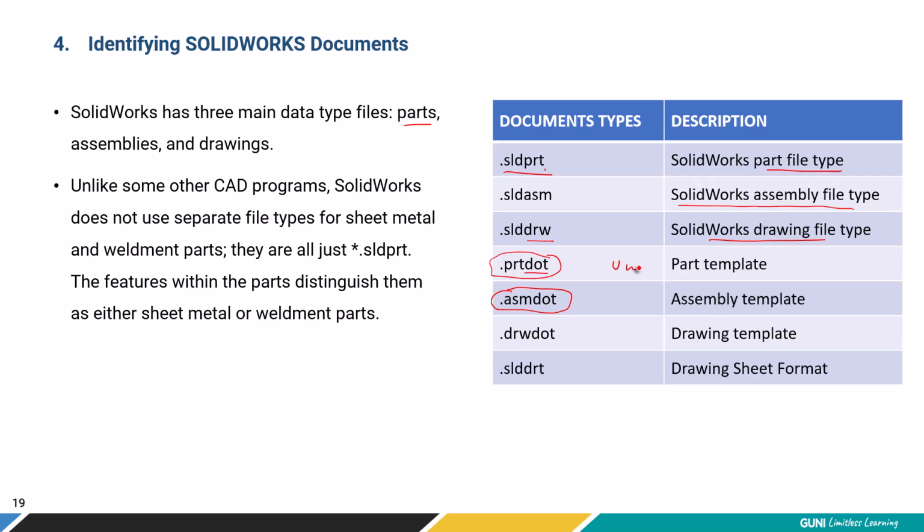You can define the units and other settings in the part template, so you don't have to do it again and again. For the drawing template, we have .drwdot, and lastly .slddrt, which is called the drawing sheet format. Let me put it in simple words: it is the title block. This is the title block, which can be saved as a separate file with this extension.